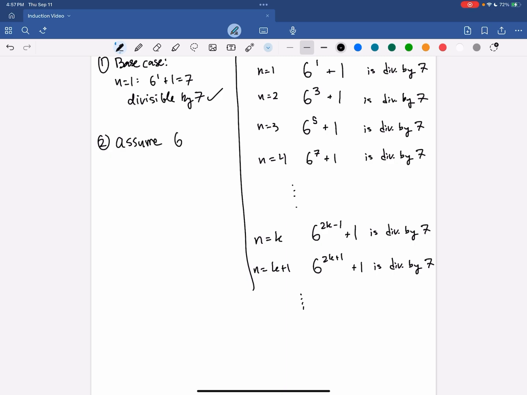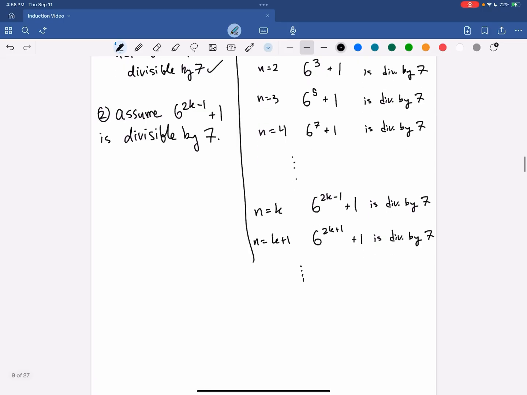Okay, then for the second step, we're going to assume that the number 6 to the 2k minus 1 plus 1 is divisible by 7.